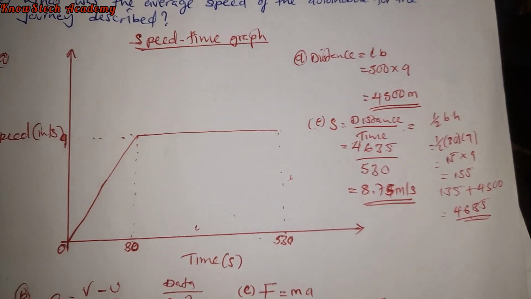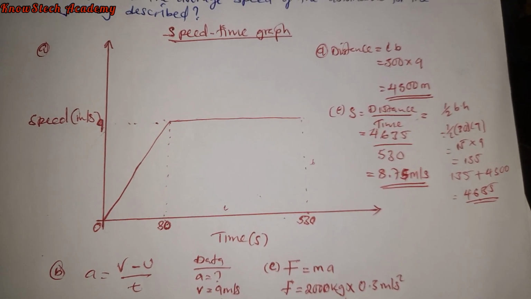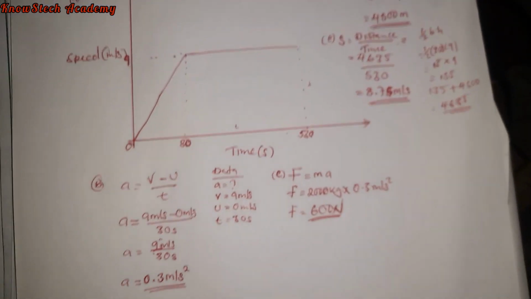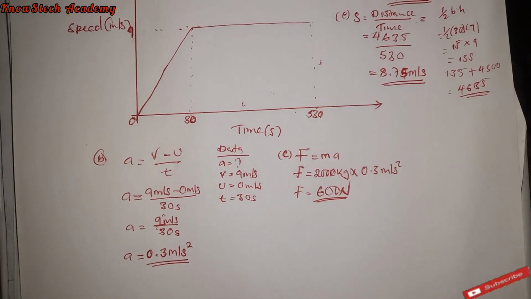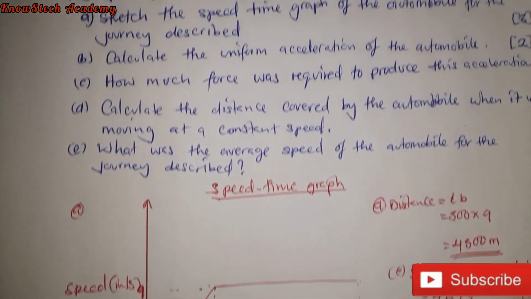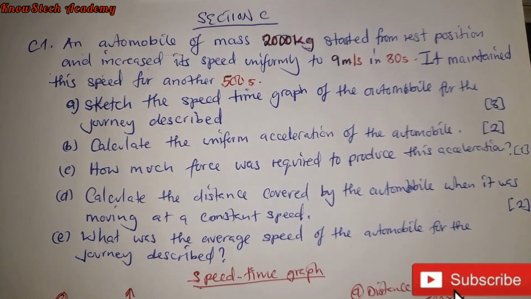This was the average speed for the journey. That's how you answer this question. First you sketch, then you go through and answer the other questions. It is as simple as this.